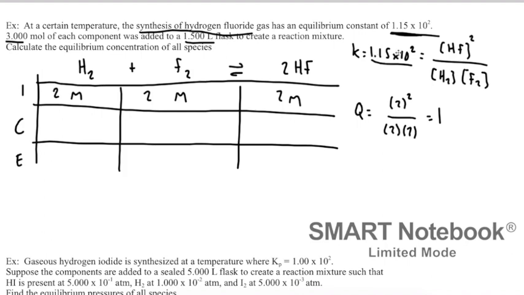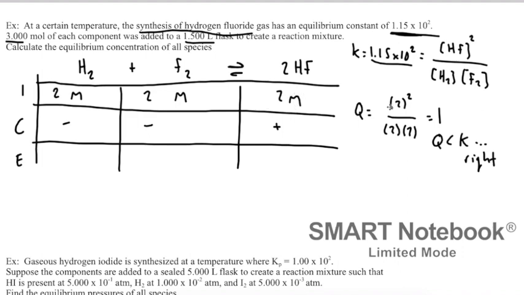That's like 100. So because right now Q is less than K, I have determined that the system will shift and proceed to the right. The forward reaction is happening. It's dominating right now. Therefore, I know that I'm going to have negative changes here, positive changes here. Okay? So we wrote down our initials, 3 moles in a 1.5 liter flask, moles per liter gets us concentration of 2.